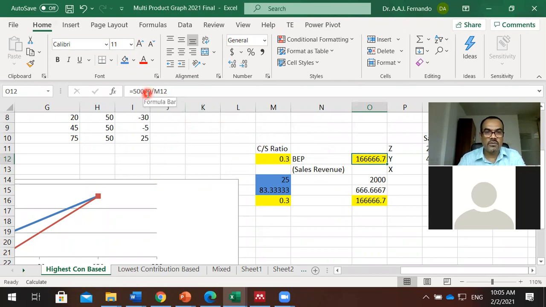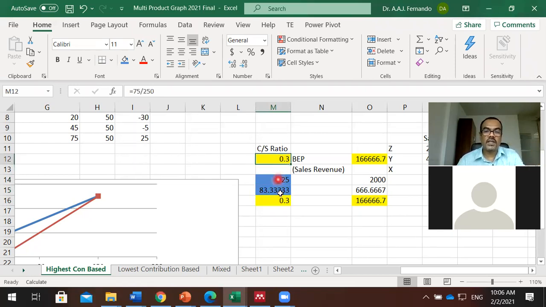Fixed cost is 50,000 divided by the CS ratio, that is 30. How do you get the CS ratio? Either by dividing 75, the total contribution, by 250, or average contribution of 25 divided by average selling price, so 250 divided by 3. Mathematically it is correct.